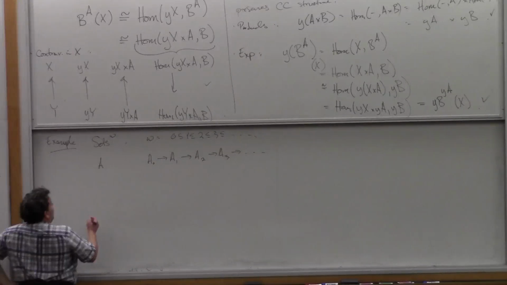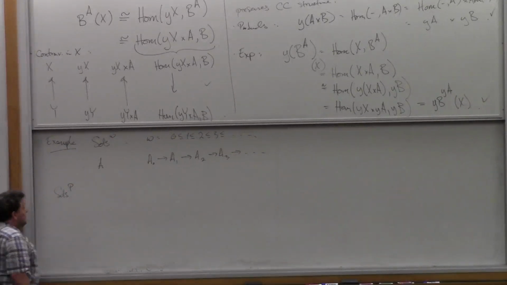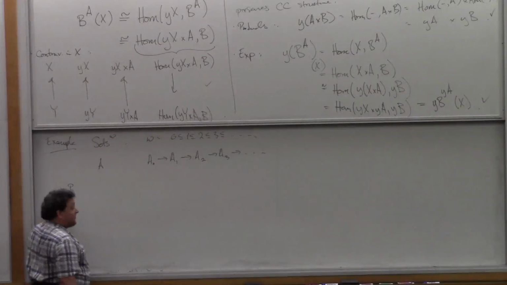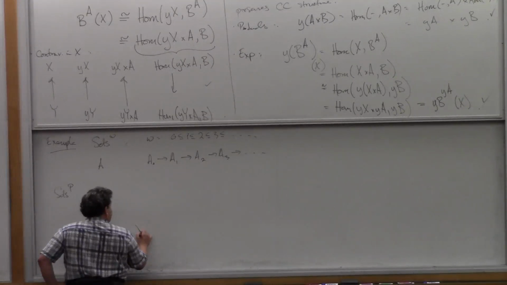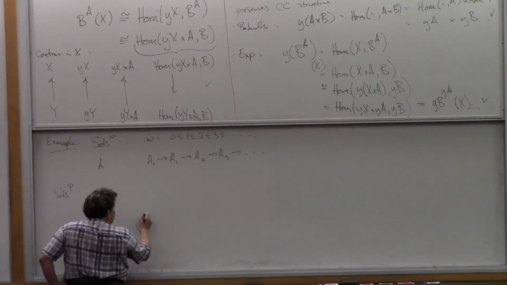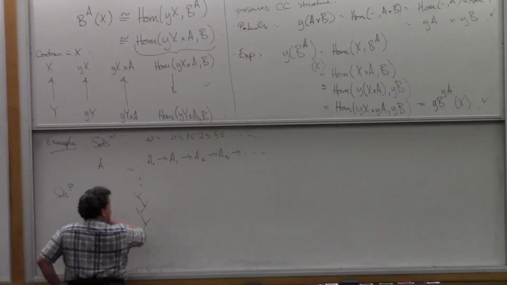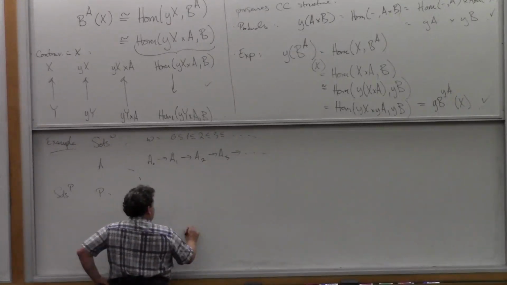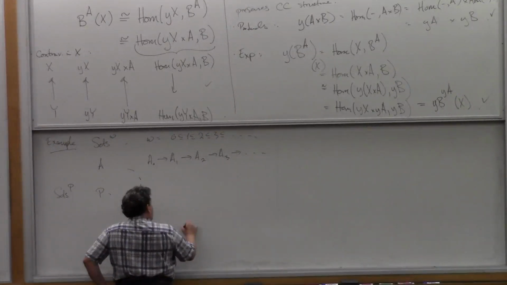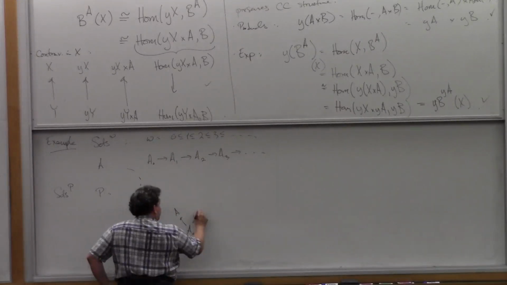But equally well, you could have a different poset. Let's say we parameterize this where P is something like a binary tree. So something developing like that. Well, then what is a functor on that going to be? It's going to be a system of sets with some branching corresponding to this branching of the trees.